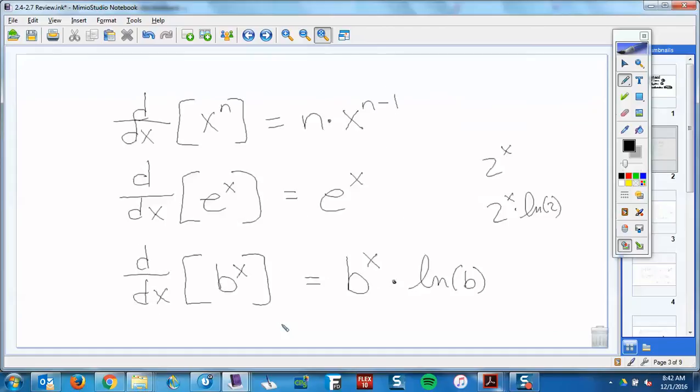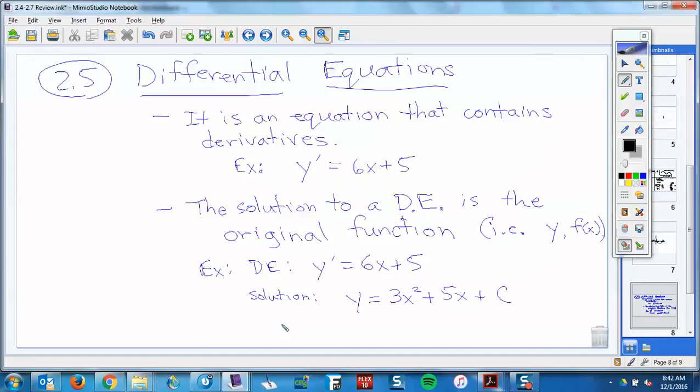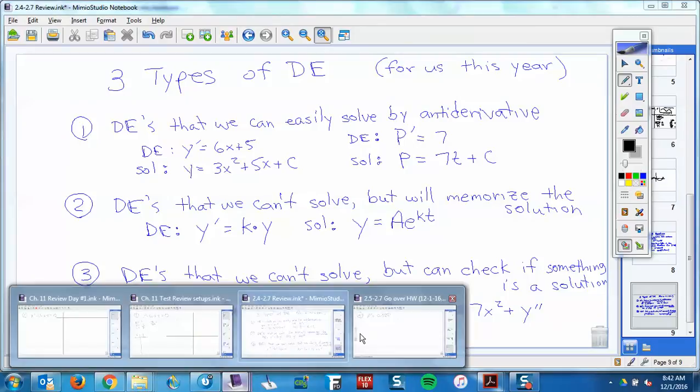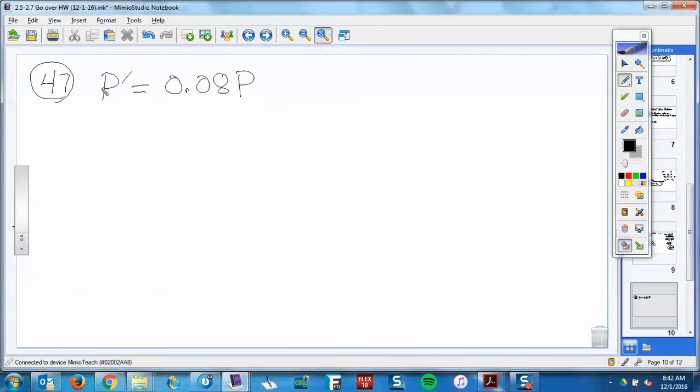When we were over here, we talked about types of differential equations. Right here, there's differential equations we don't know how to solve because it's got that y, and in this case it's a p. We're just going to memorize that solution. That's the only one we have right now. It's compound interest. So I have to notice that this is y prime, that's y, and that's my k.